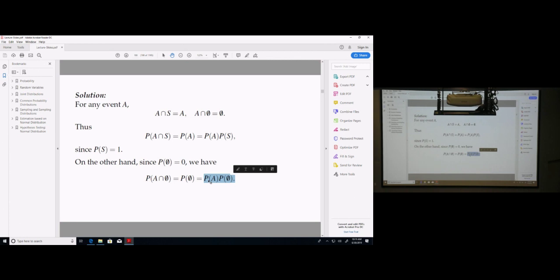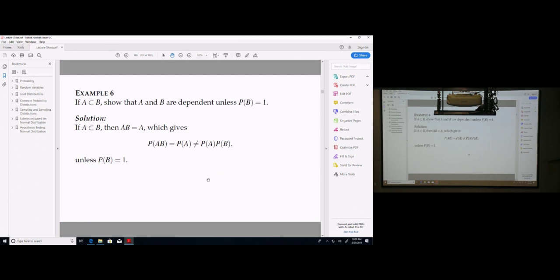So your right-hand side will always be 0, and your left-hand side is always 0. So they are equal. That is why we have the conclusion in the previous slide. Statement 1, the sample space will be independent of any event. Statement 2, the empty set will also be independent of any event in your probability considerations.